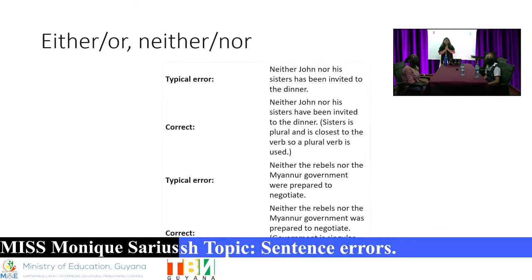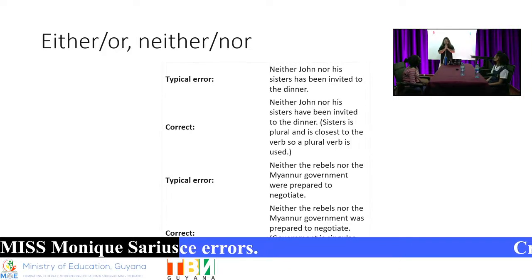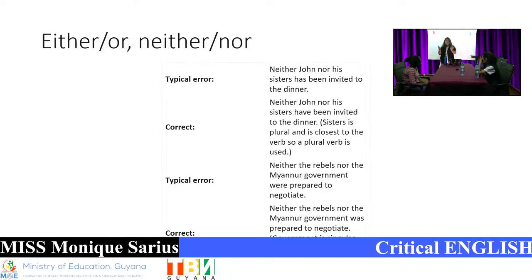Look at the word that is closest, or you should know, in this case, closer to has. Is it John or sisters? Sisters. Remember subject and verb agreement that we did sometime back as well? If we're talking about sisters, it's more than one. So the verb cannot end with an S because sisters already ended with the S. So what should have been the verb there?